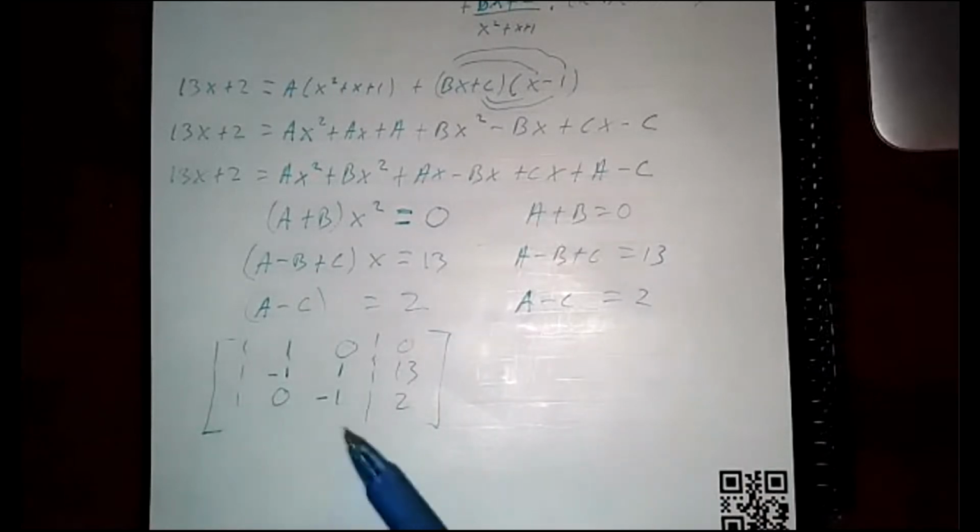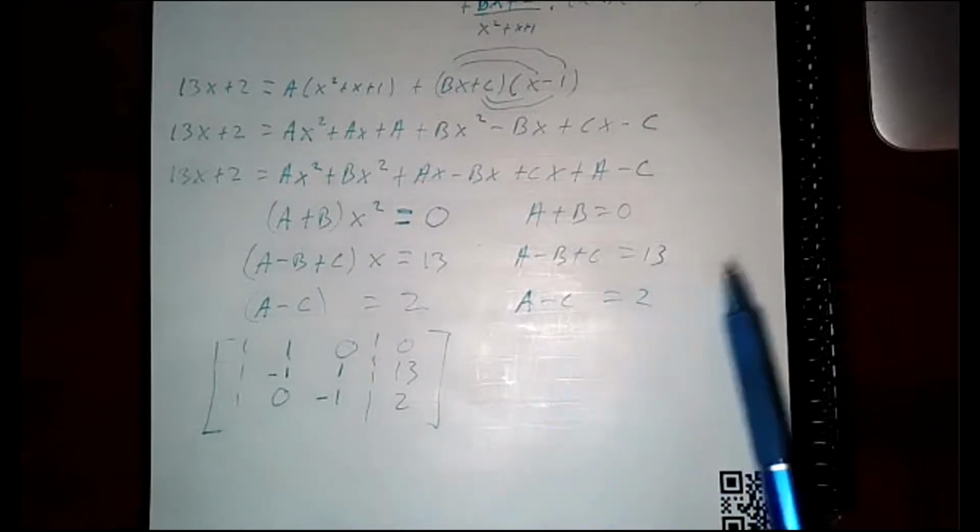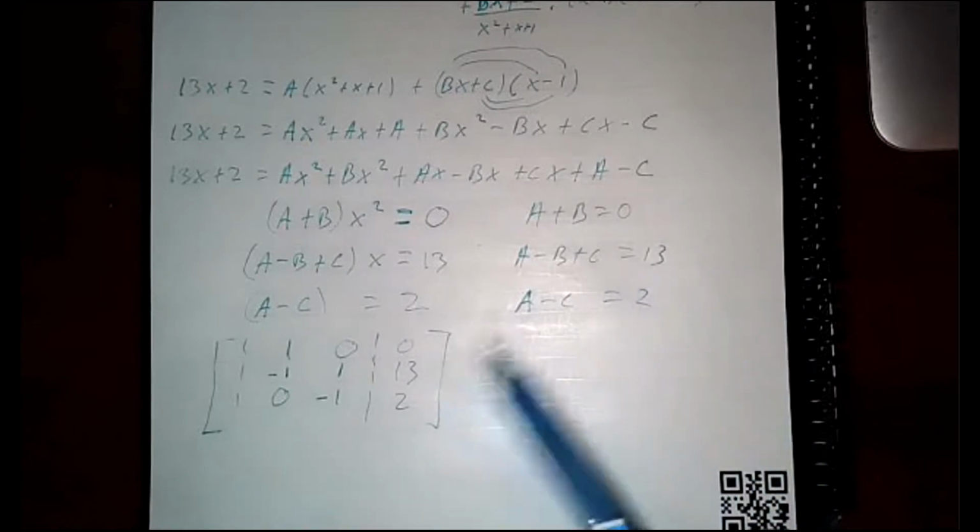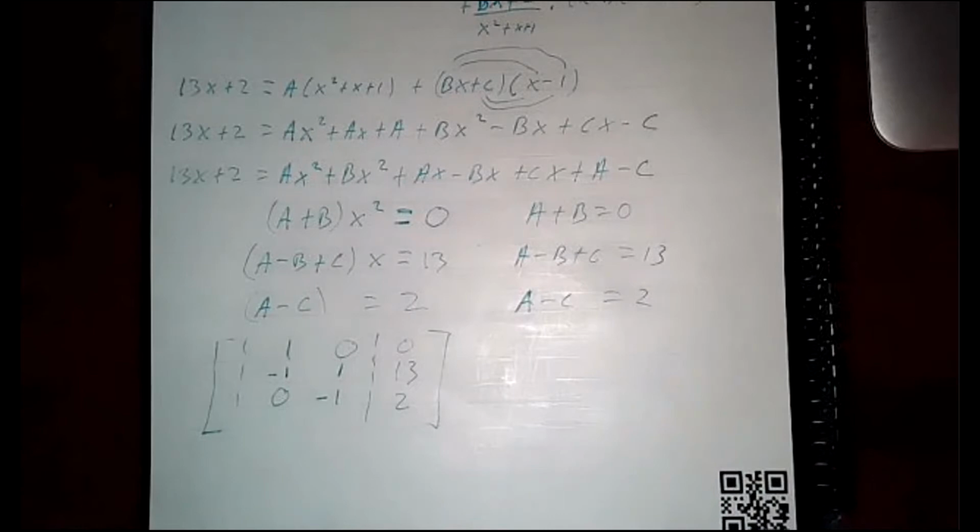So solving this like you did in college algebra will give you the A, B, C. And I recommend you use a solver or a graphing calculator. But at this point, we did the new stuff. Let's go ahead and use the solver.